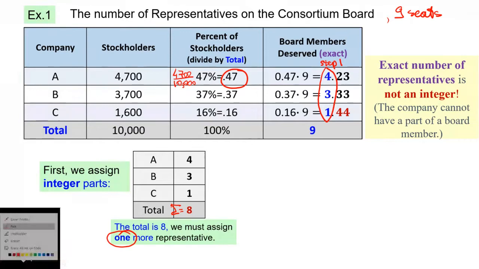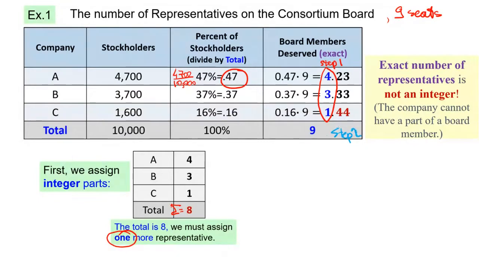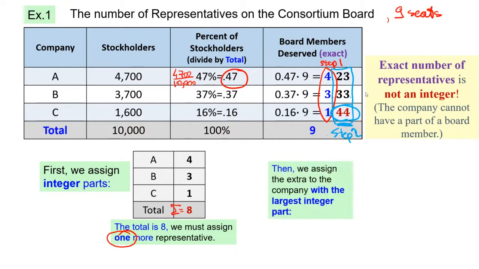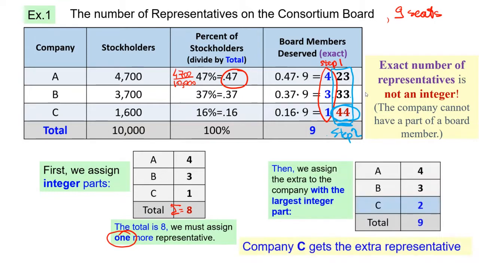So on step 2, we look at the decimal parts. What is the largest? We have 23, 33, and 44. 44 is the largest decimal part. So we give this extra to company C. C gets an extra representative, plus 1.